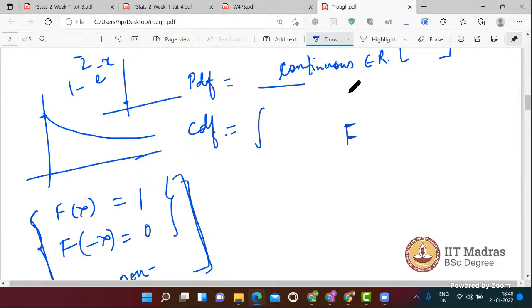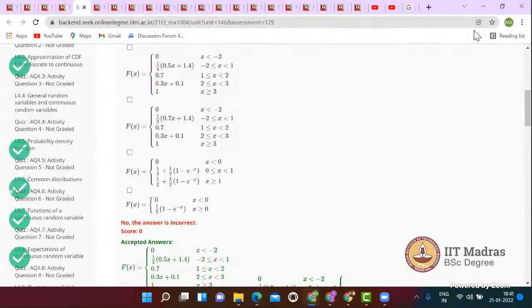Yeah, you are also correct. If you have a correct PDF, it should always be valid. It's always true. If you are thinking of any valid PDF that does not give a valid CDF, I don't think there will be any, because a PDF satisfies all the properties of basic probability.